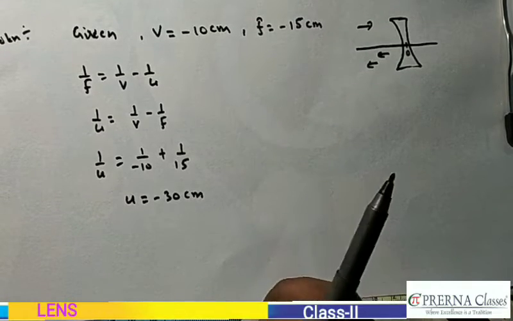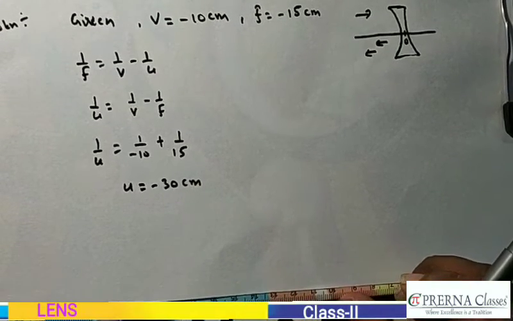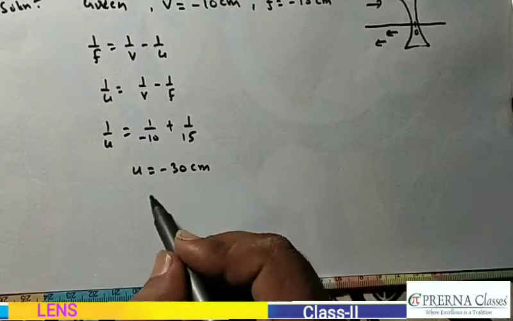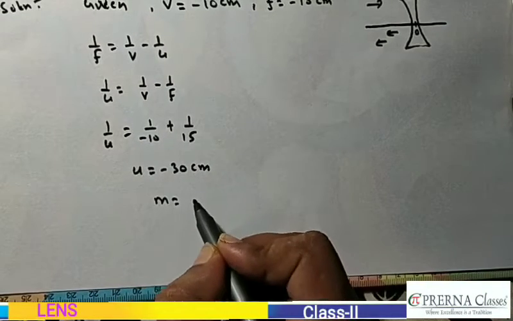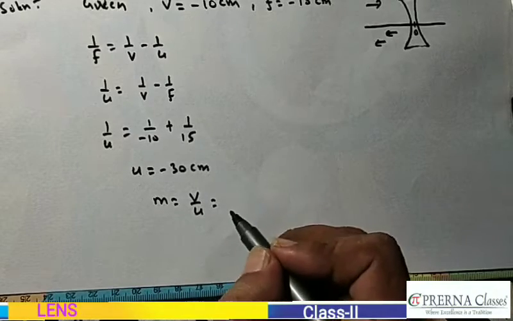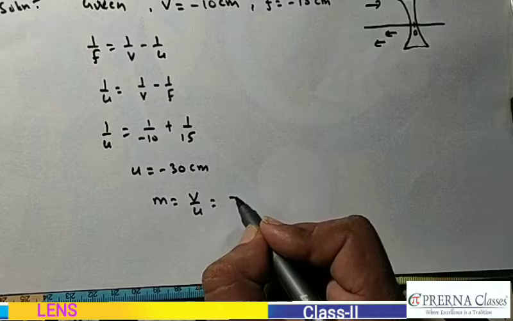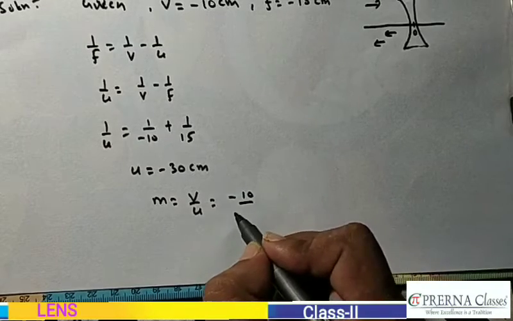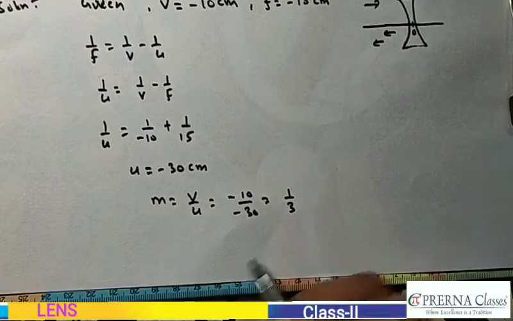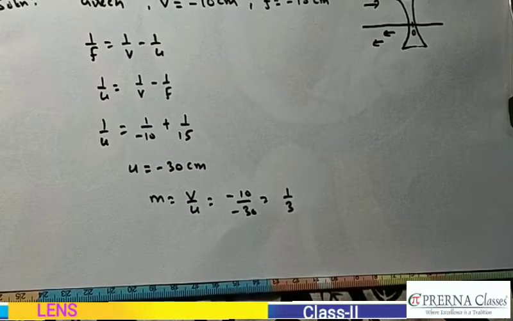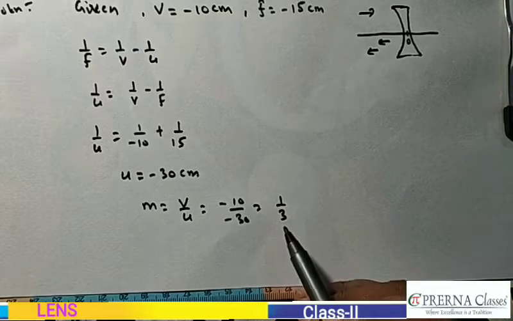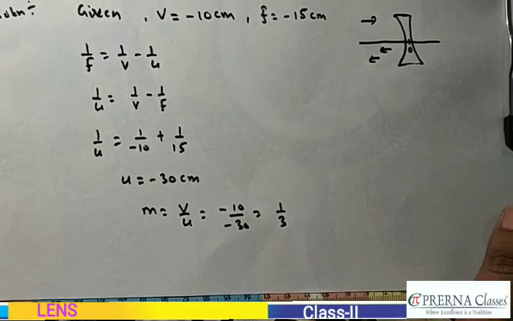Okay, next part, it is asked to find the magnification. So you know, to find magnification you have to do what? m equals v by u. So now again v is minus 10 and u is minus 30. So here magnification comes out to be 1 by 3. That means the size of the image formed will be less than the size of the object.